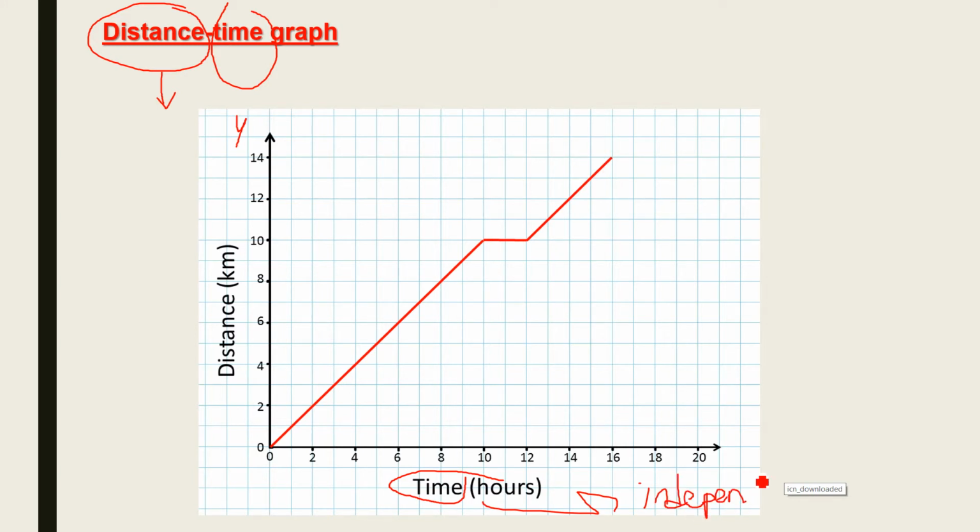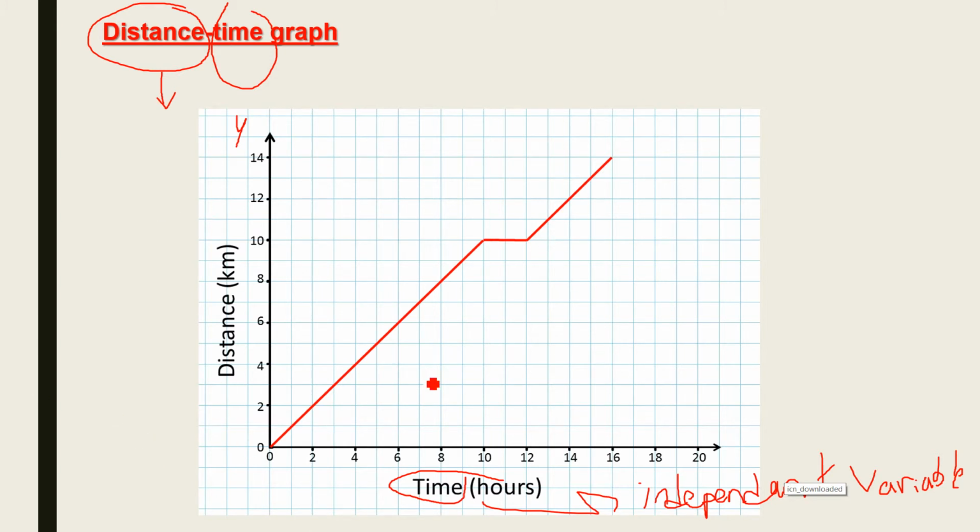From its name, independent variable, it means that time doesn't depend on anything. Whether the car moves or not, the time will pass. Whether I give you a physics lesson or not, the time will pass. So time doesn't depend on others, but others depend on it.